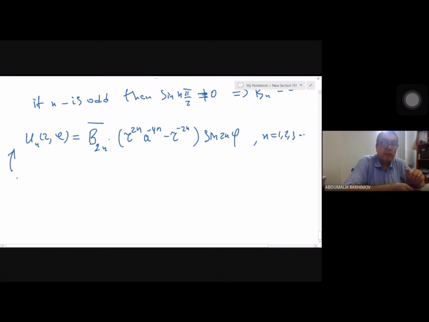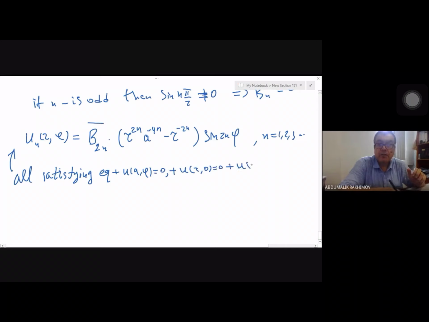So we have many functions. What can we say about these? All satisfy the equation plus the conditions: u(a, phi) is equal 0, u(r, 0) is 0, u(r, pi over 2) is 0, and all of them are 2 pi periodic.